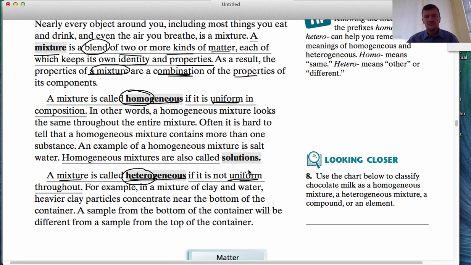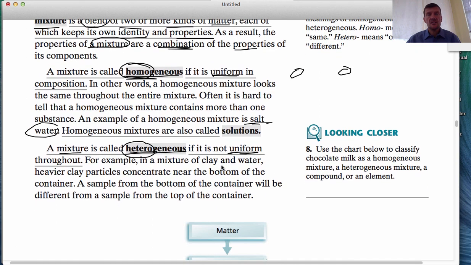Okay? So, let me just give you some examples. Salt water. Salt water would be a perfect example of something that's homogeneous because it doesn't matter if you take a sample of the salt water from here or from here, it's exactly going to be the exact same composition. Okay? But you might have something like dirty water or silt in the water or maybe even milk.